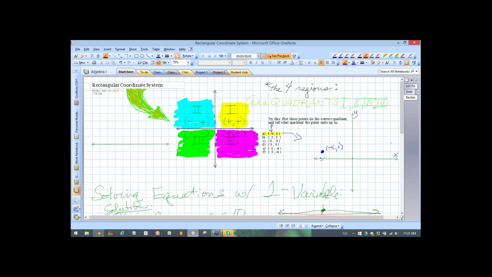Oftentimes, when students are plotting, they get a little confused with the zeros getting thrown in there here and there. Let's look at C, 0, negative 3. When you have a 0 there, you're going to always start at the origin, right? That 0 on C is just saying, how many do I move left to right? Well, in this case, 0.